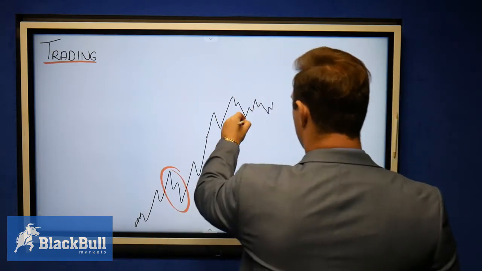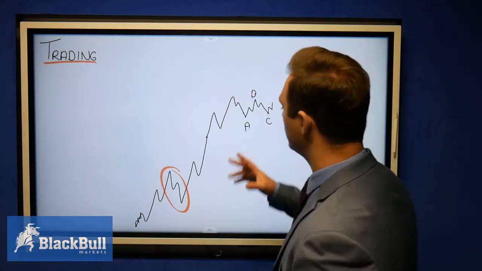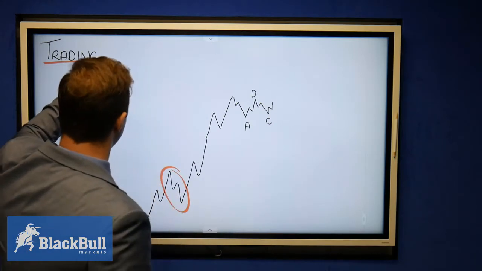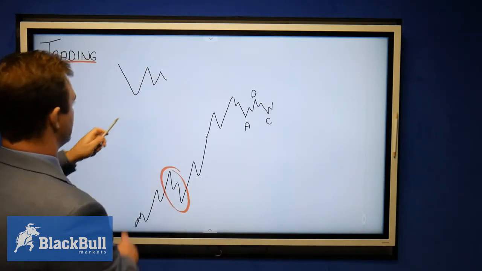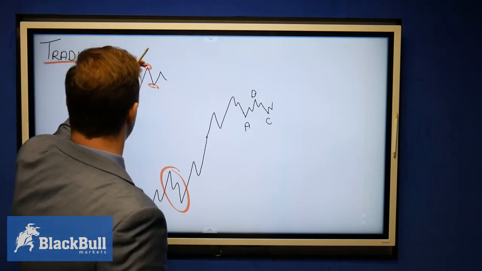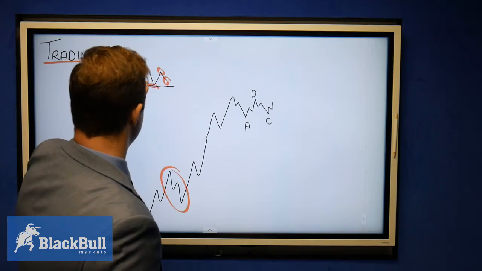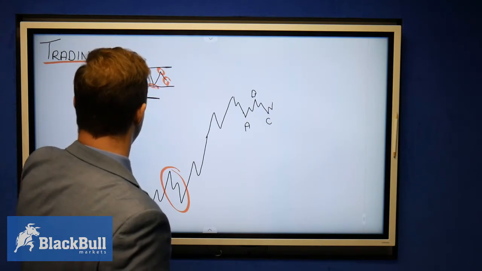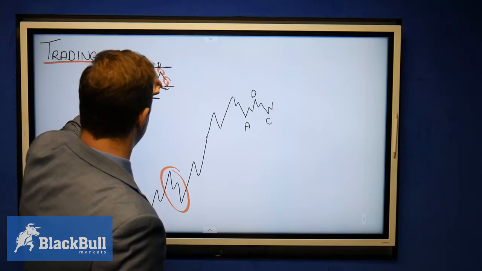We've got wave A, wave B, and wave C. Now, knowing the rules of a triangle, guys, with a triangle A, B, C, D, and E, we know that these waves, not this one, these waves can't take out their predecessors. They can't take out the labeled waves A, B, C, D, and E. They cannot go below that.